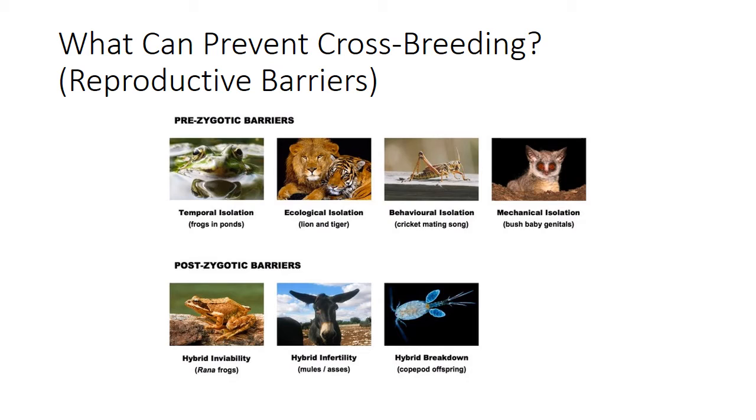And there are post-zygotic barriers, when the mating has occurred, right? But the progeny is either not viable, like in the case of these Rana frogs, lower row, left picture or middle picture, or there is hybrid infertility, when a child is born from the marital union between a horse and a donkey.